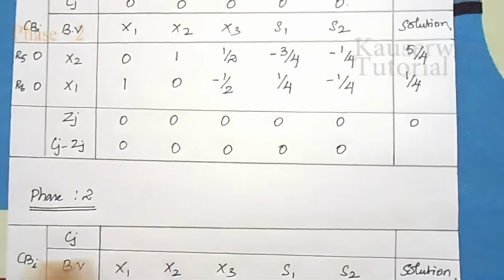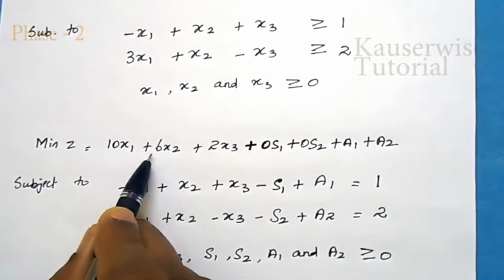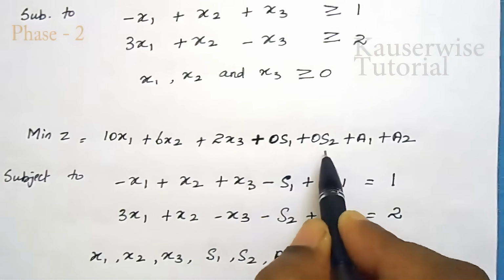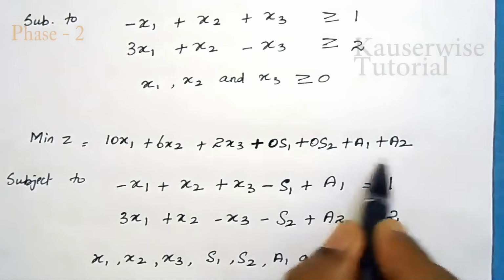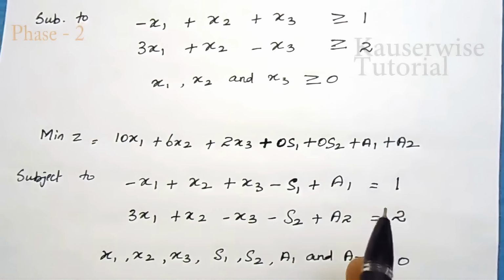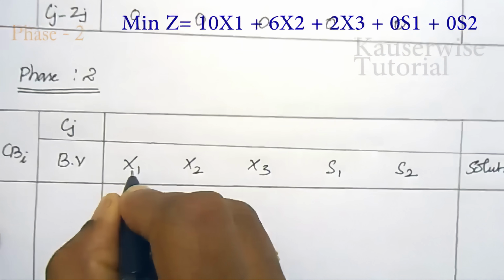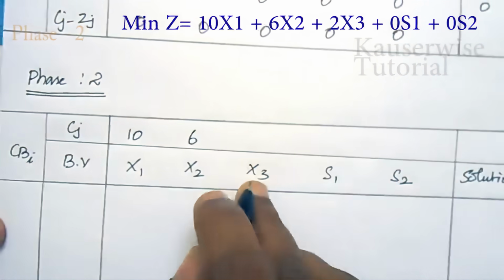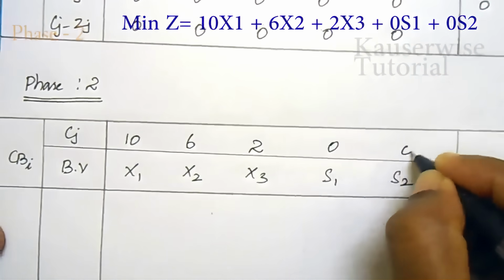Look at the problem. x1 value is 10, x2 value is 6, x3 value is 2, s1 value is 0 and s2 value is 0. So take all these values except the artificial variables. We have taken artificial variables in phase 1, but for phase 2 we have to take all other values except the artificial variables.